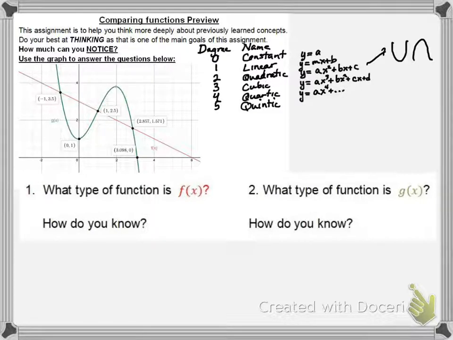Cubics. We did cubics first semester here. The first cubics we talked about were sort of like that. I don't much like that one. Maybe more like that. But we also learned that a cubic can be this.